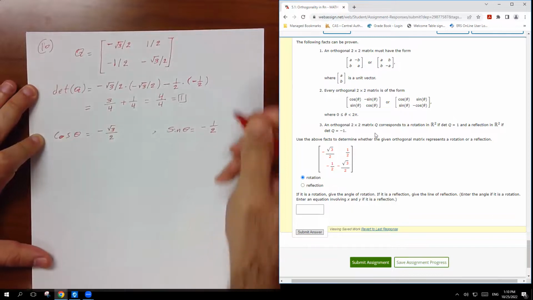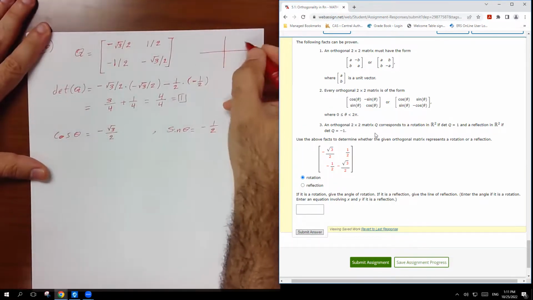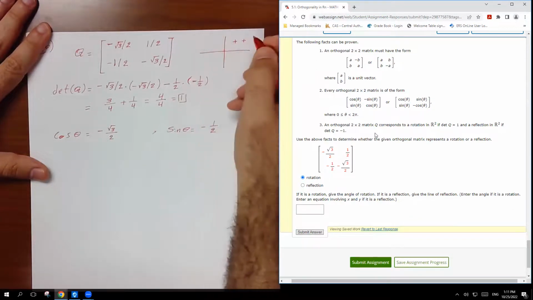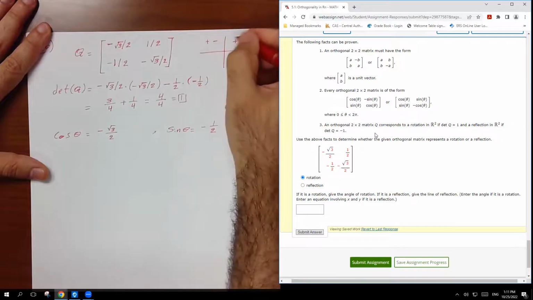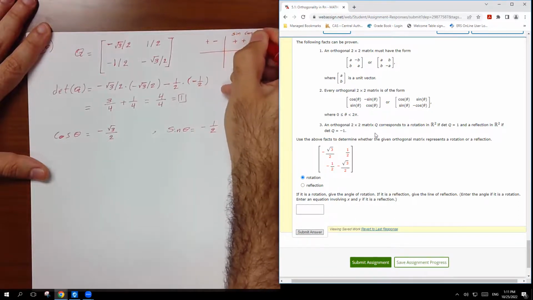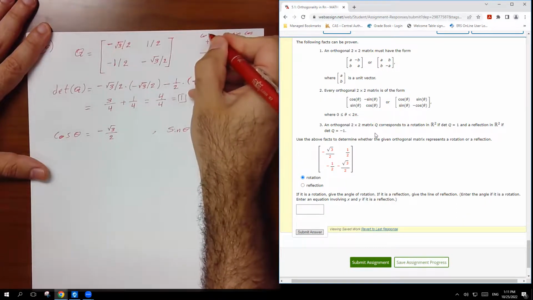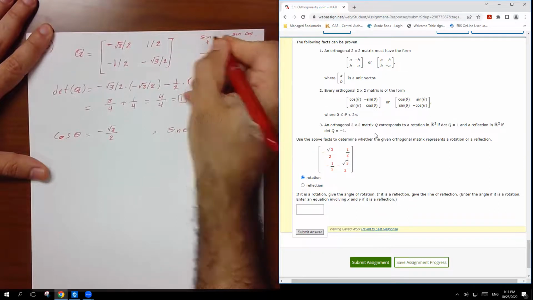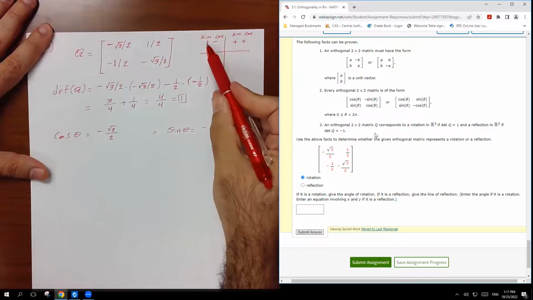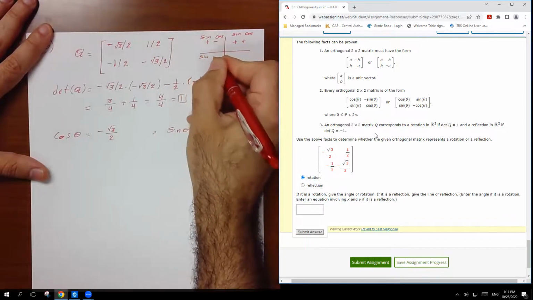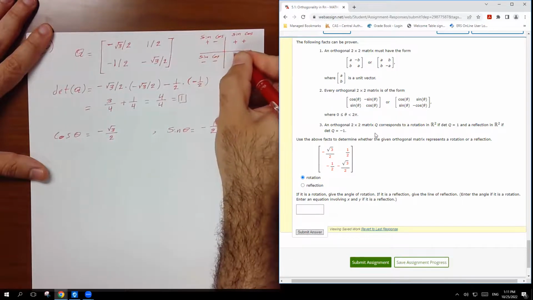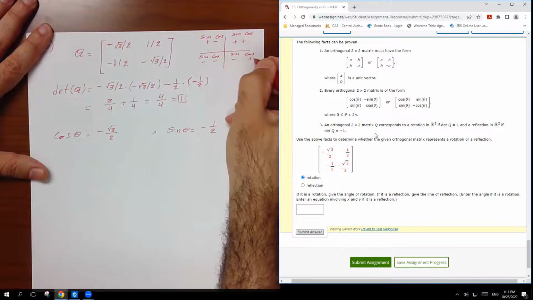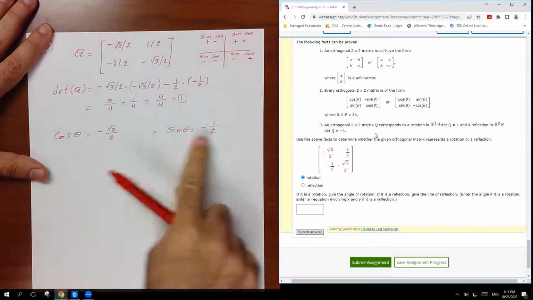If you check the coordinates for sine and cosine, here is the quadrant where sine is positive and cosine is positive, here sine is positive and cosine is negative, here both are negative, and here cosine is positive. Now our sine and cosine are both negative.